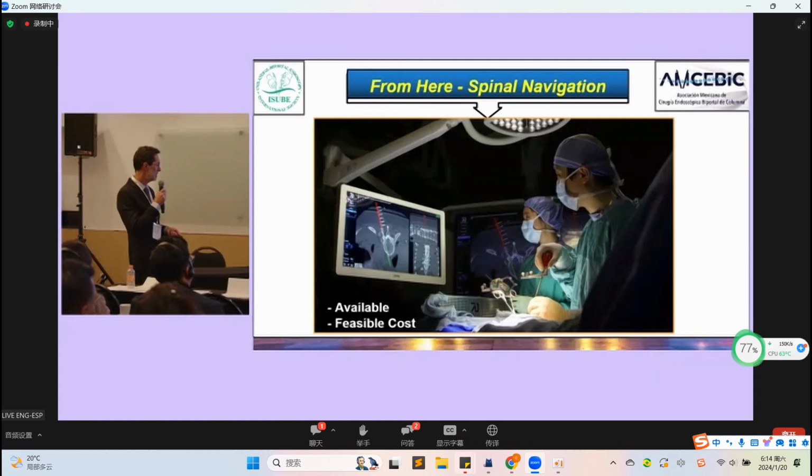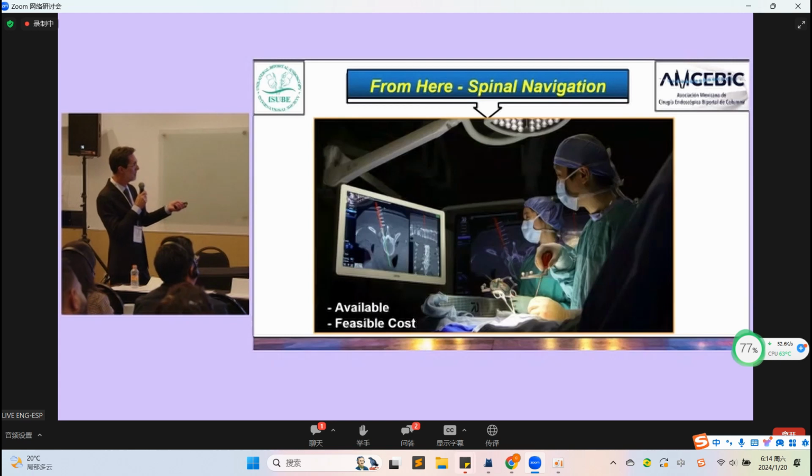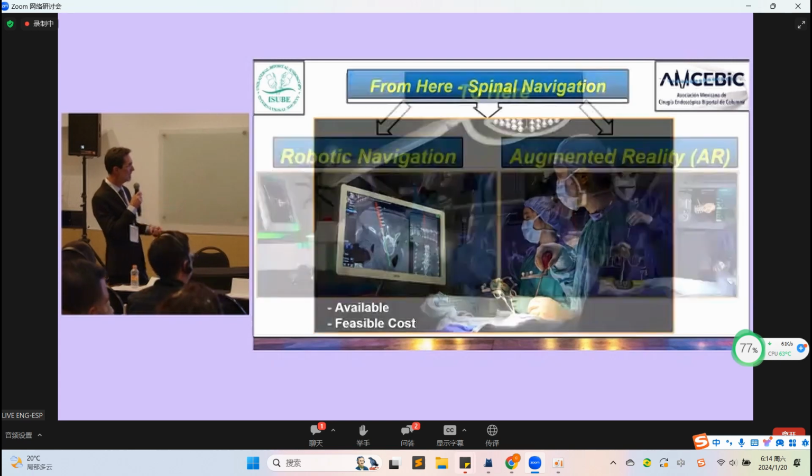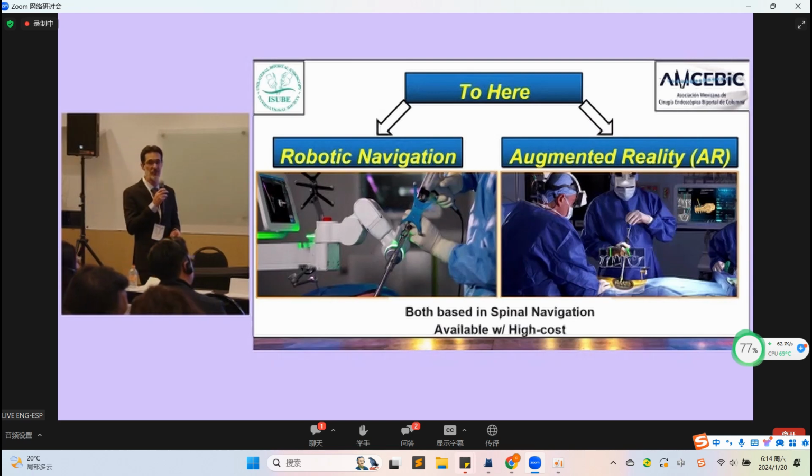But we need to improve our surgery with technology. From here, spinal navigation, to here, robotic navigation and augmented reality, both based on spinal navigation, but available at high cost.